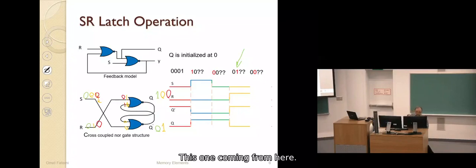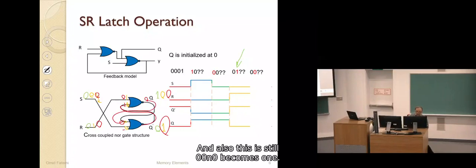This one is coming from here. This is connected to that. So this is 1. So we have 1, and 1 nor 0 becomes 0. Now we have 0 here, so this becomes 0. And also this is still 0. So 0 nor 0 becomes 1. Okay? So Q is 0, Q bar is 1.